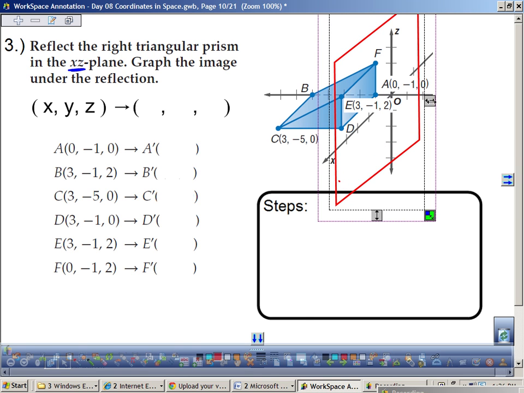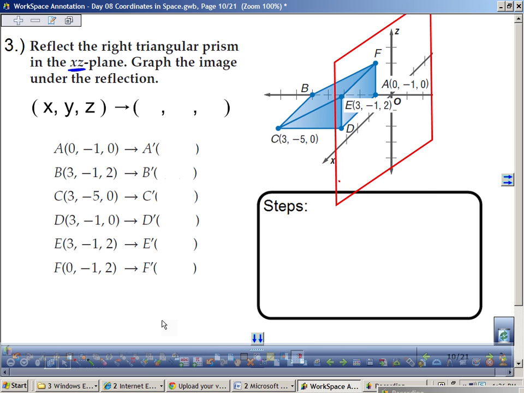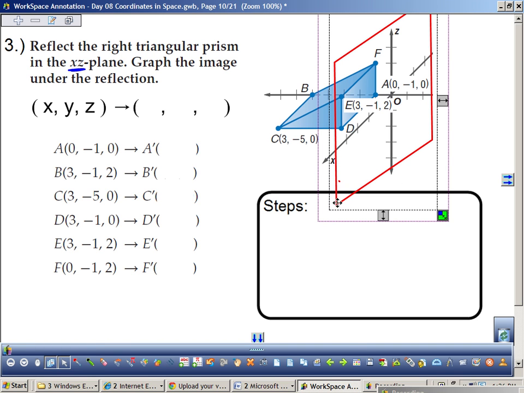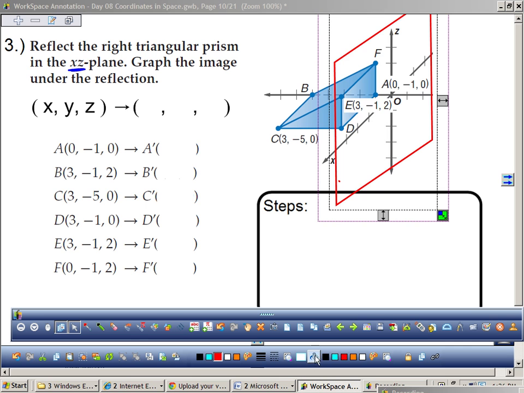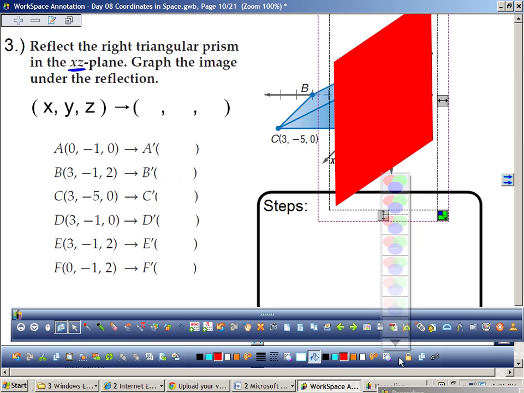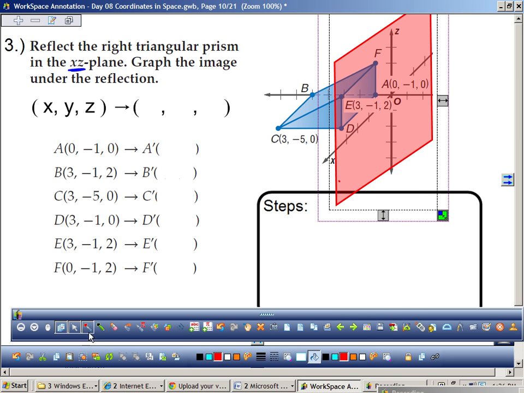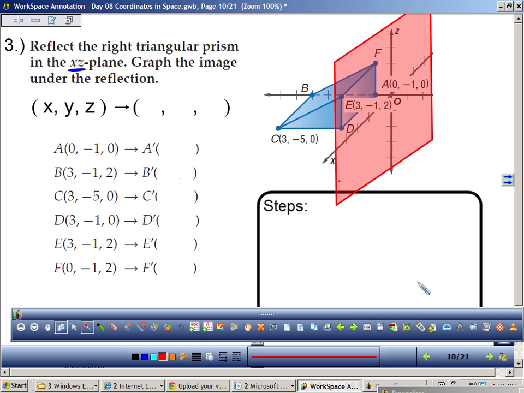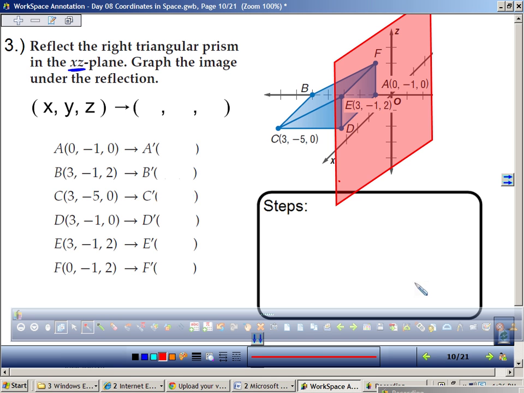A little bit better? Let's color it. Let's fill it in with red and make it a little bit transparent. You see it? Yeah? It's a wall. It's a wall in the XZ plane. Okay, it's like a shield. Right, James? It's a shield.